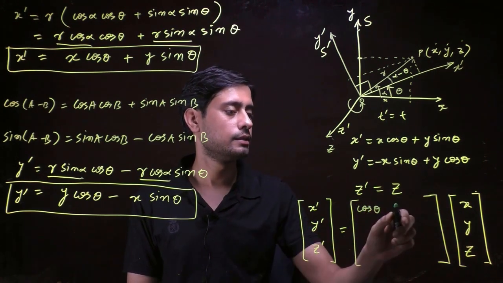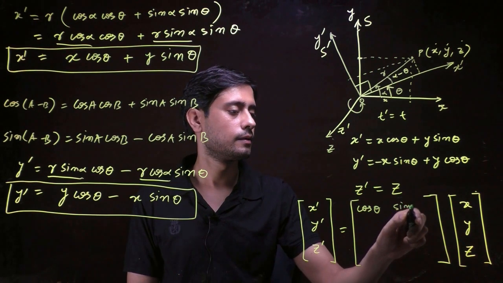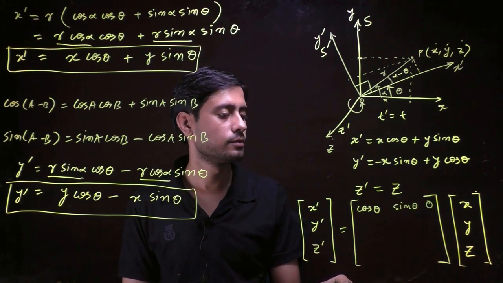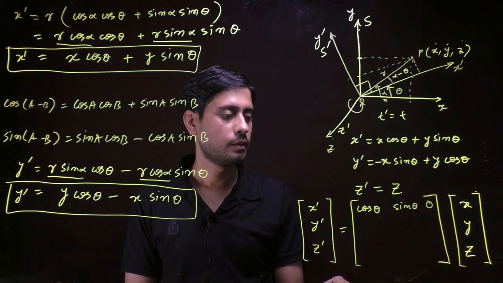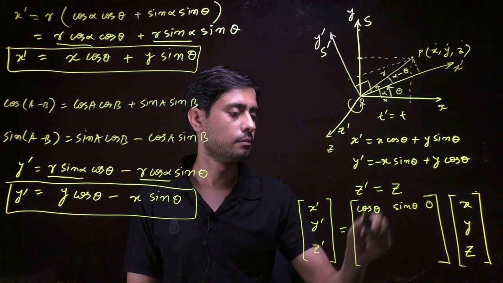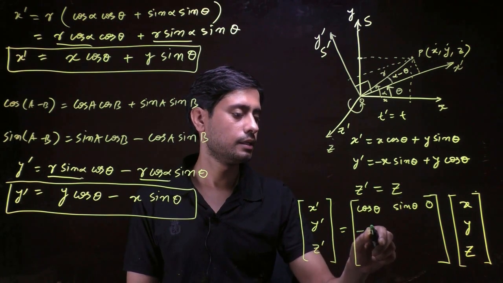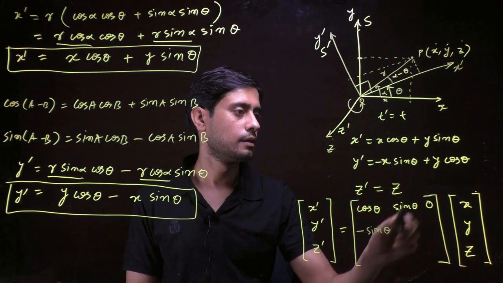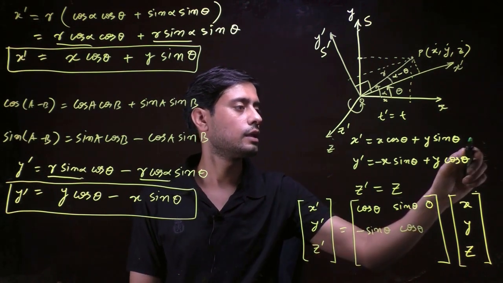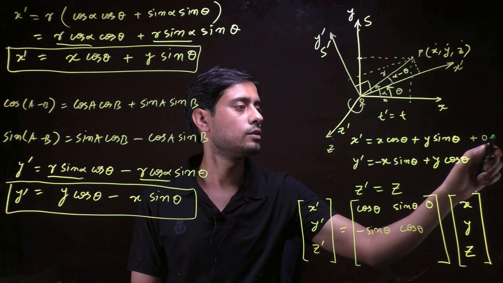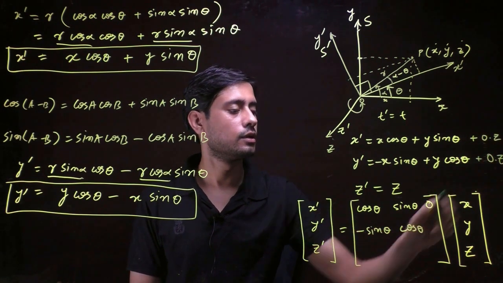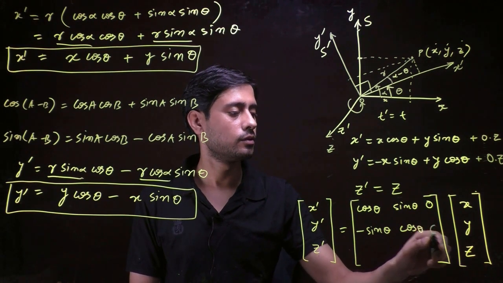Multiply y by sin theta, so put sin theta here. There is no z, so put 0. Similarly for y prime, put minus sin theta, here cos theta, and 0 for z.